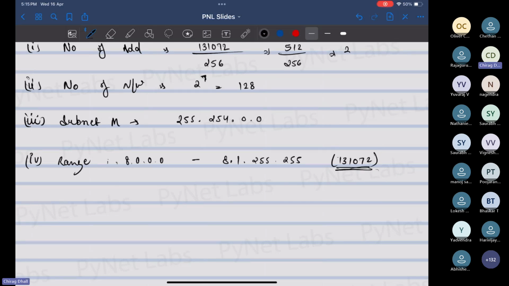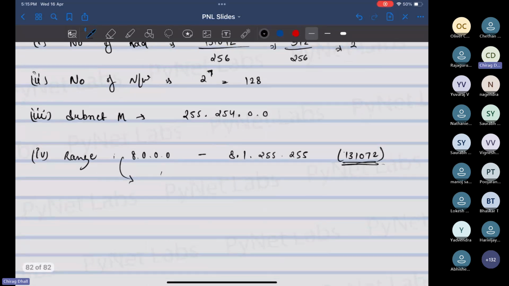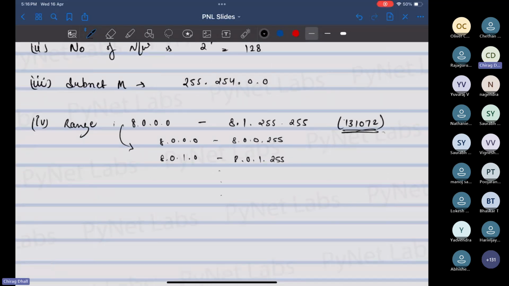And for your understanding, if I break it down, it is 8.0.0.0 to 8.0.0.255, right? Then 8.0.1.0 to 8.0.1.255, so on until it reaches 8.0.255.0 to 8.0.255.255.